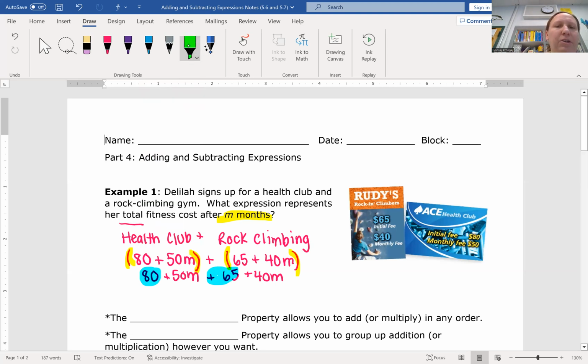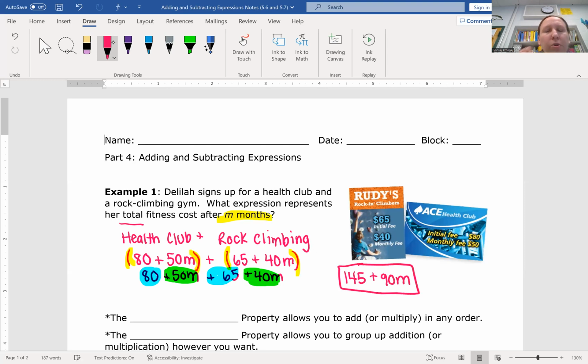And we are allowed to put together our M's, which is 50M and a plus 40M. And our final answer, when we put those together, would be 145, because 80 plus 65, and then the 50M plus the 40M would be 90M. That is our total, representing the cost of Delilah's fitness endeavors.